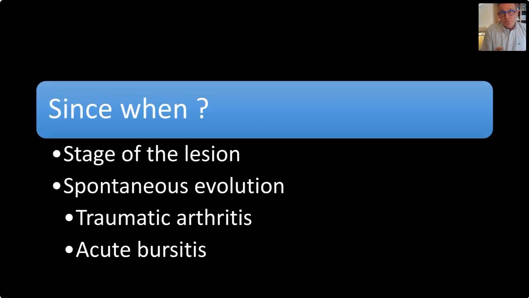Tell me, since when do you have this problem? Yeah, I not only want to know if it is acute, chronic, subacute, whatever, but some pathologies have a kind of spontaneous evolution, and that's also interesting to know. For instance, this traumatic arthritis, hypothetically, you don't give any treatment whatsoever.